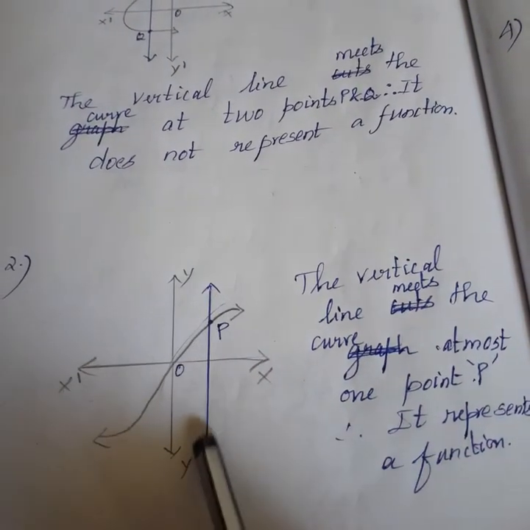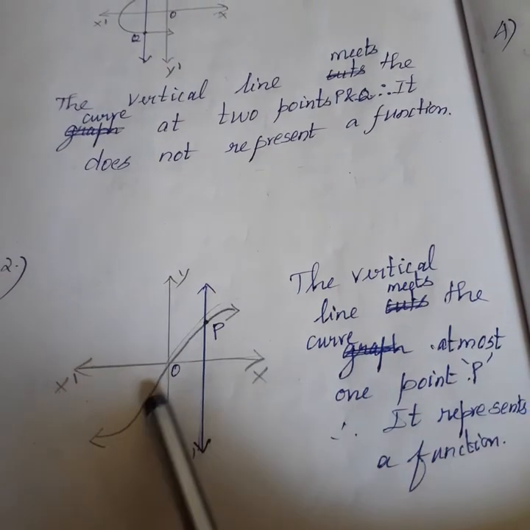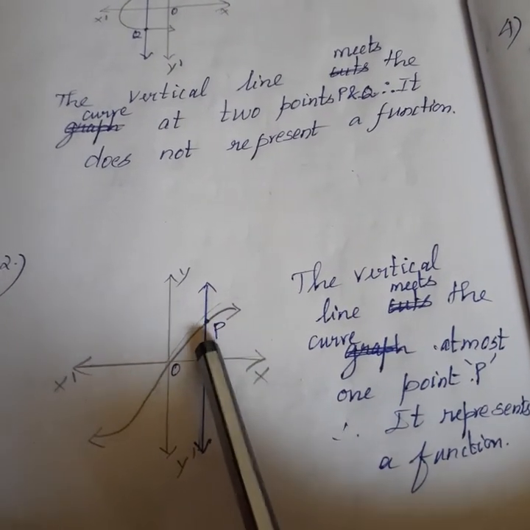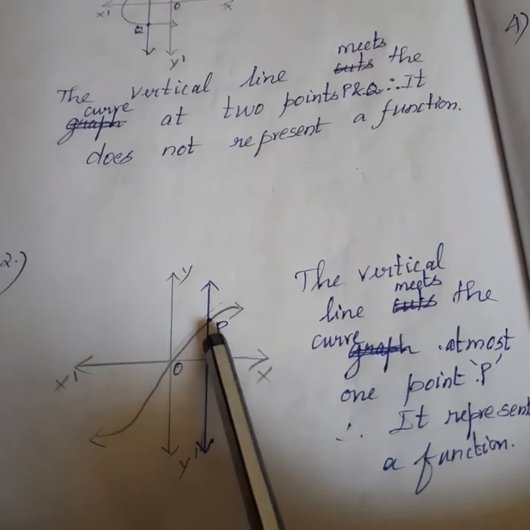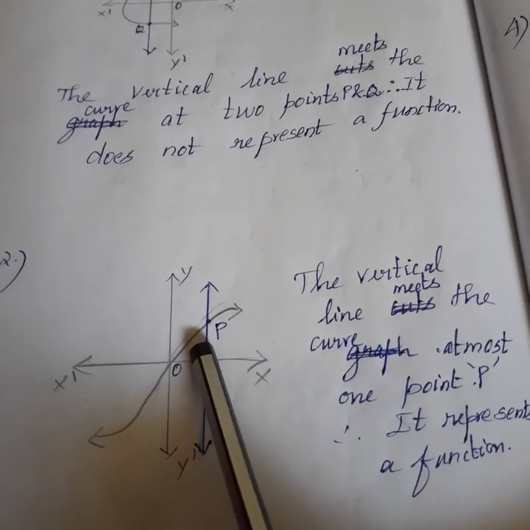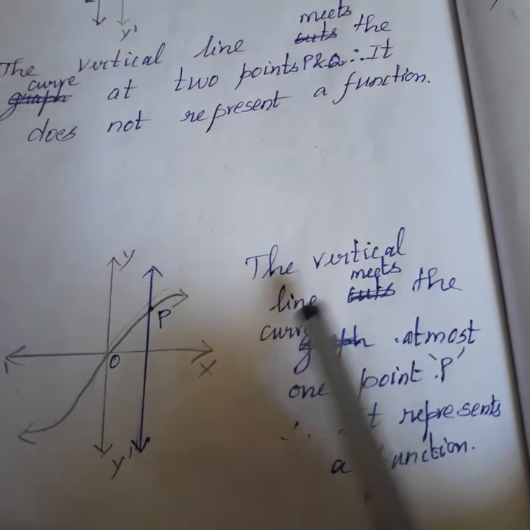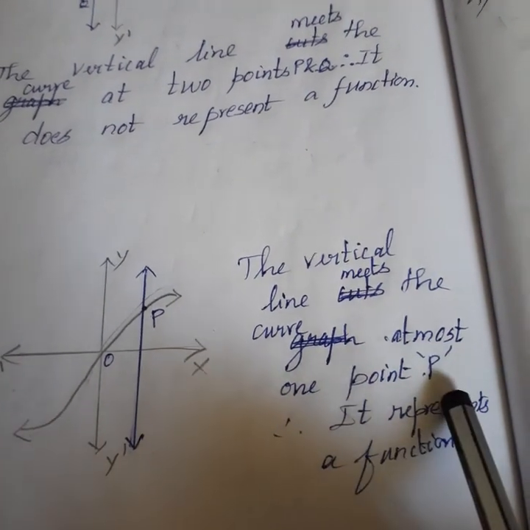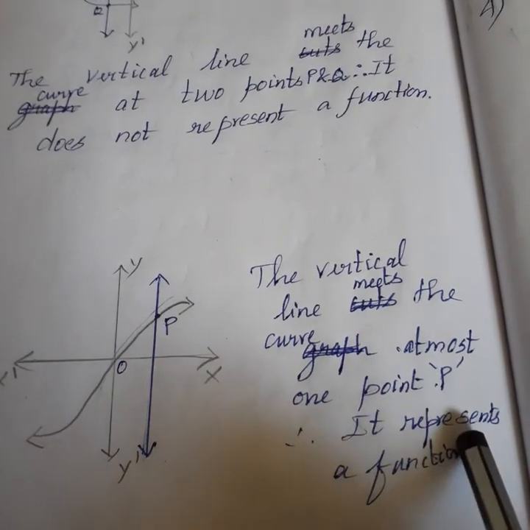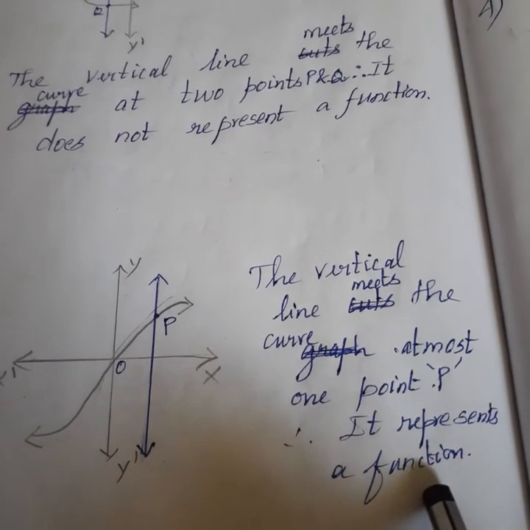So the vertical line touches the curve at most one point, then it is a function, okay. So the vertical line meets the curve at most one point P. Therefore, it represents a function.